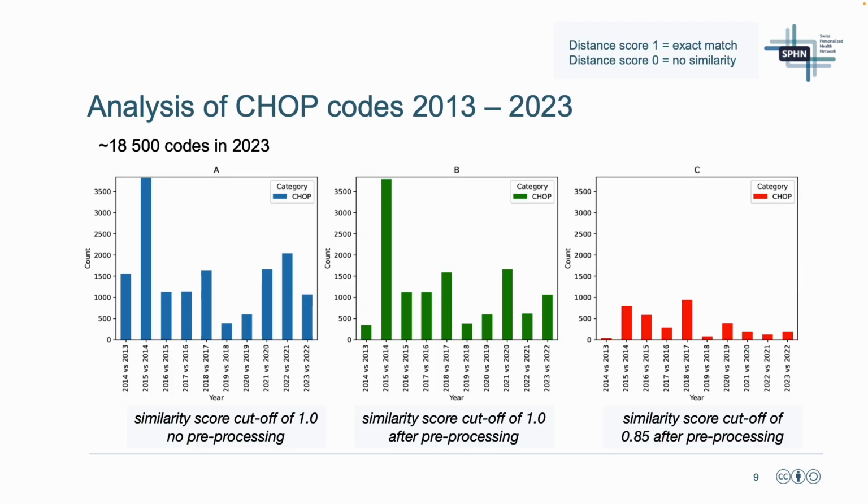Next, we did the same analysis with CHOP, from 2013 to 2023. As a reminder, the CHOP contained approximately 18,500 codes in 2023. And we observe on average around 1,000 codes changing between consecutive versions, and among them a little less than 500 on average seem to be good candidates for possible real semantic changes.